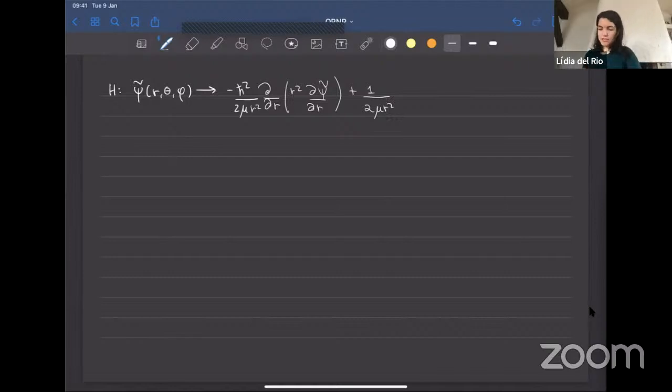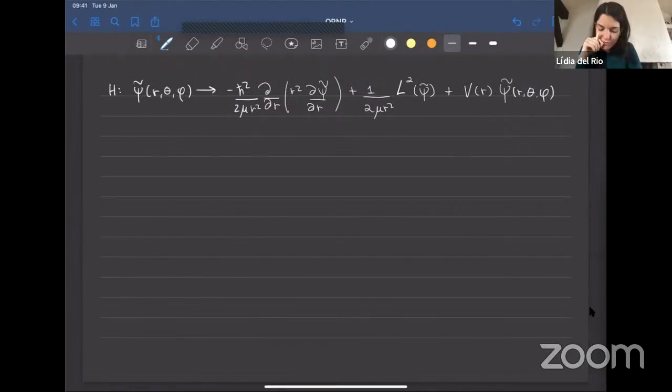So the h bars cancel each other out. Here comes the angular momentum applied on the wave function. And now plus the potential that we still left behind. Remember that it's always the wave function at r, theta, and phi. I just don't write it all the time.